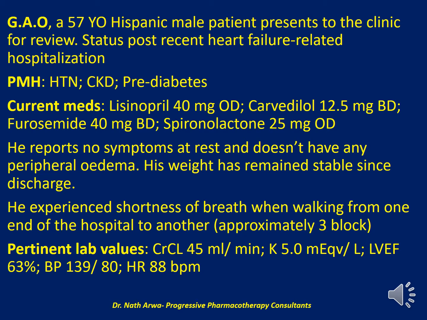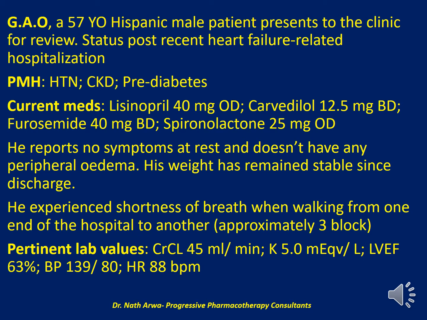Mr. GAO, a 57-year-old Hispanic male, presents to the clinic for review. He is status post a recent heart failure related hospitalization, and he has a past medical history of hypertension, chronic kidney disease, and pre-diabetes. Currently, he takes 40 milligrams of lisinopril once daily, 12.5 milligrams of carvedilol twice daily, 40 milligrams of furosemide twice a day, and 25 milligrams of spironolactone once daily.